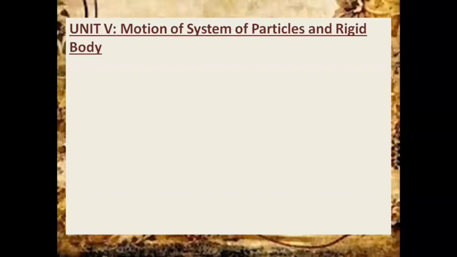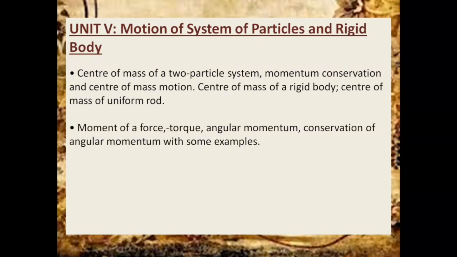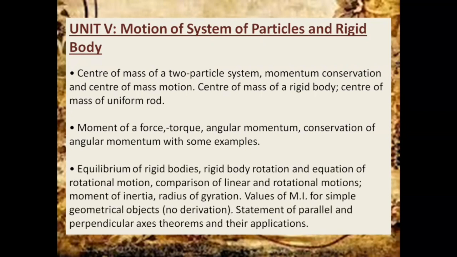Then unit 5, motion of system of particles and rigid body. Center of mass of a two-particle system, momentum conservation and center of mass motion, center of mass of a rigid body, center of mass of a uniform rod, moment of force, torque, angular momentum, conservation of angular momentum with some examples, equilibrium of rigid bodies, rigid body rotation and equations of rotational motion, comparison of linear and rotational motions, moment of inertia, radius of gyration, values of moment of inertia for simple geometrical objects.